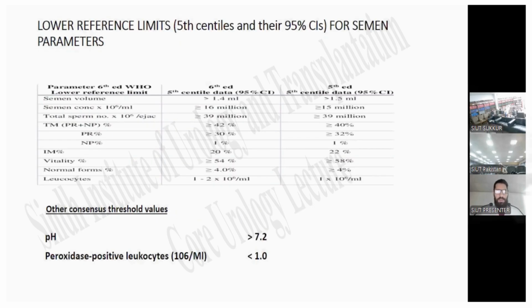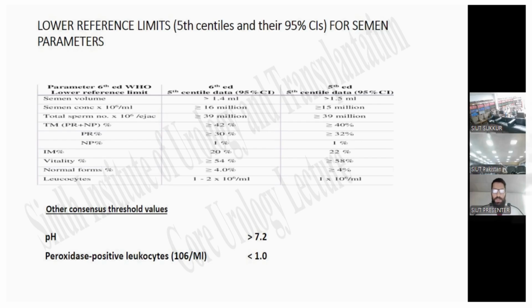The picture shows lower reference limits of semen parameters. Semen volume should be more than 1.5 ml, and the sperm number should be more than 39 million per ejaculate. Progressively motile sperm should be more than 32%.